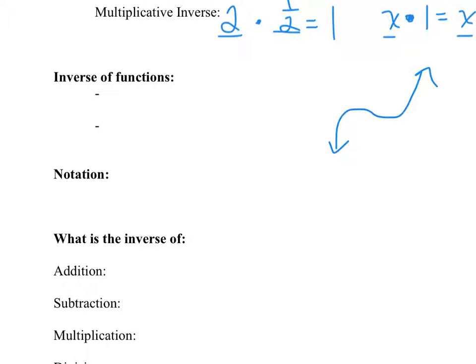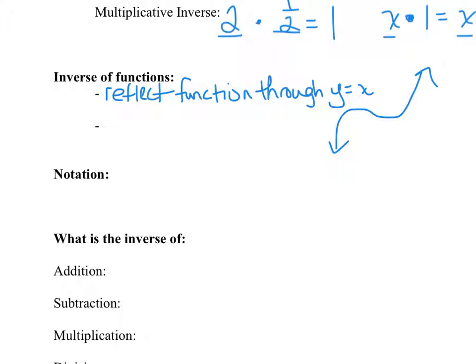So the inverse of a function is when you reflect that function through the line y equals x. That is the inverse of a function: reflecting that graph through the line y equals x.